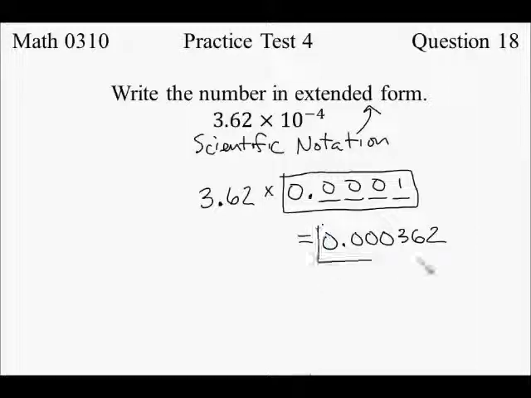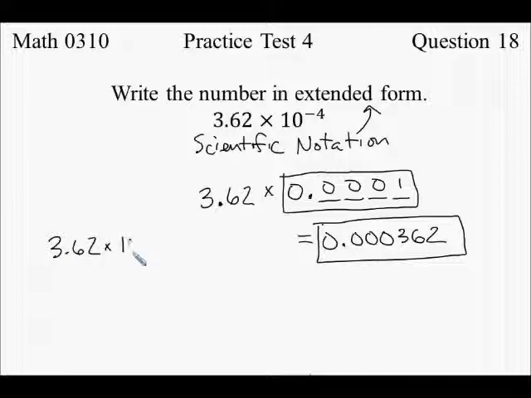Or another way to do this, if we are in scientific notation, when we have 3.62 times 10 to some power, if it's a positive power, that's going to move our decimal place to the right that many places.